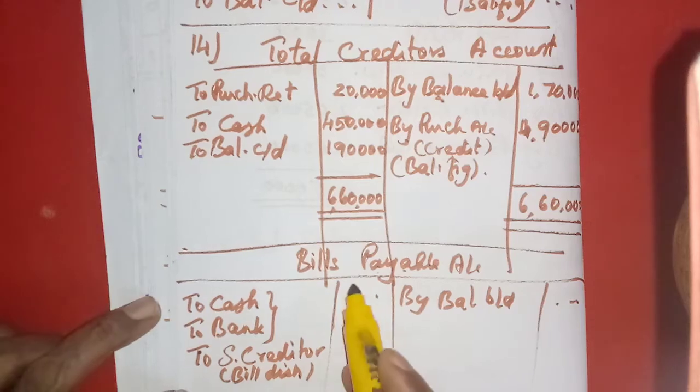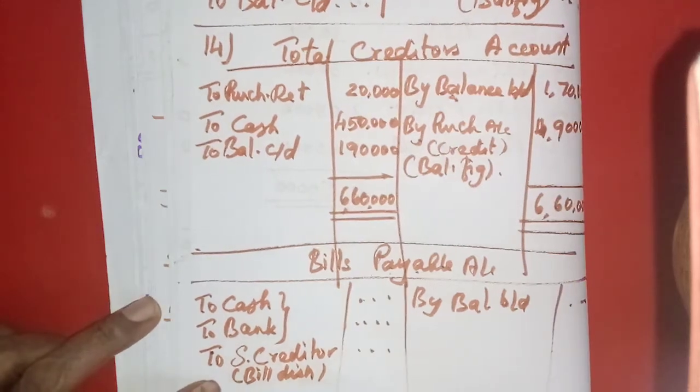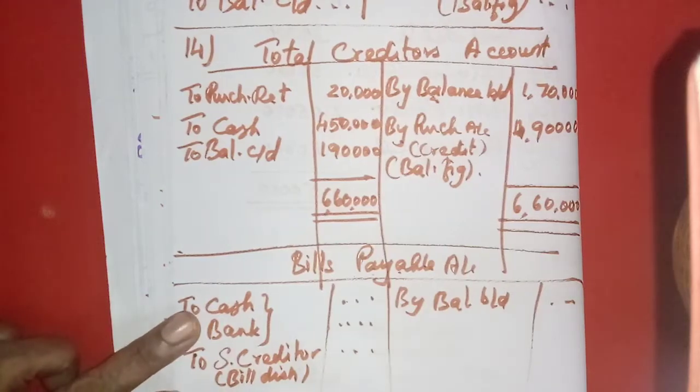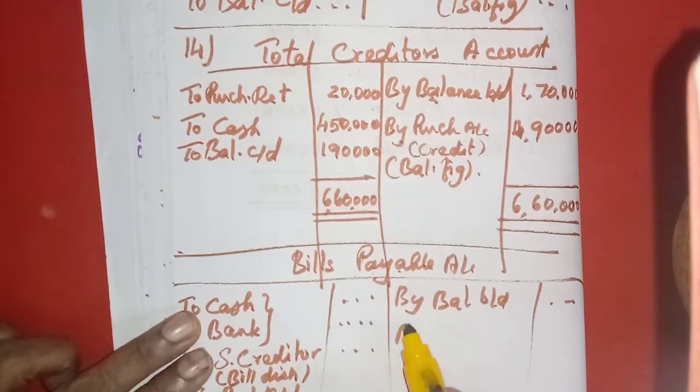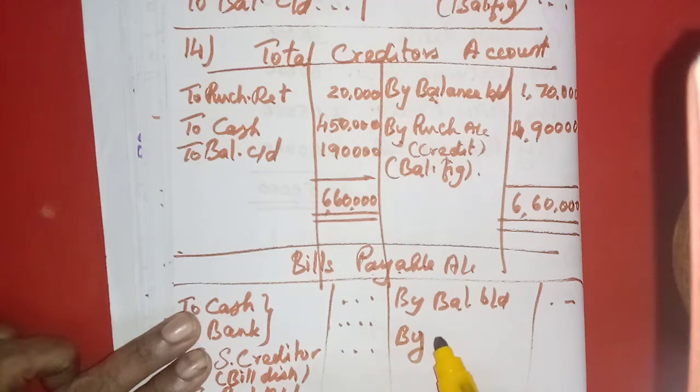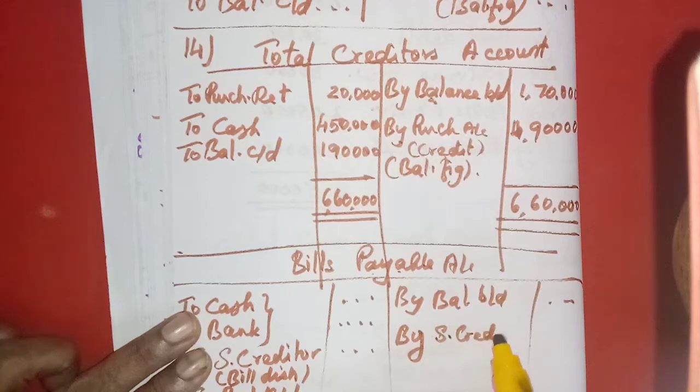Okay, only bills payable paid, and if it is dishonored, then closing balance carried on. Then the balancing figure will be by bills accepted, by sundry creditors account.